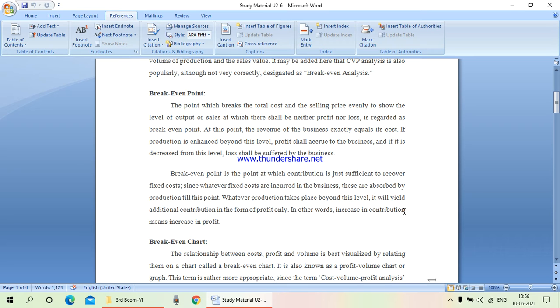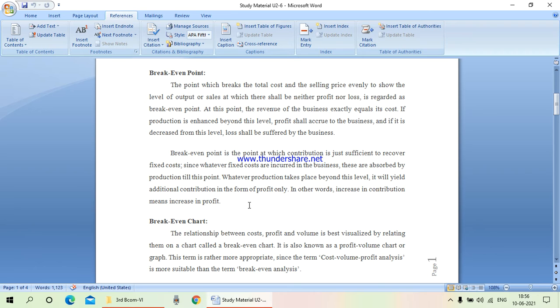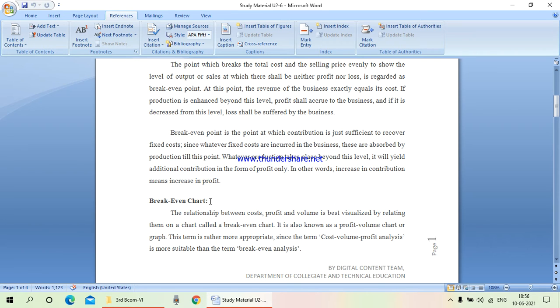Let us see the main aspect of this session, that is the break-even chart. The relationship between costs, profit and volume is best visualized by relating them on a chart called the break-even chart. It is also known as a profit volume chart or graph.